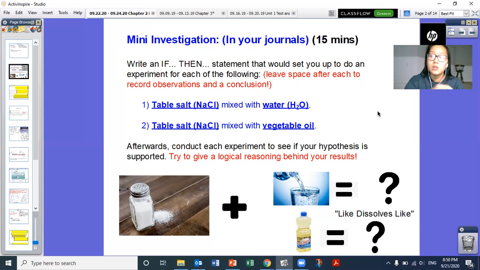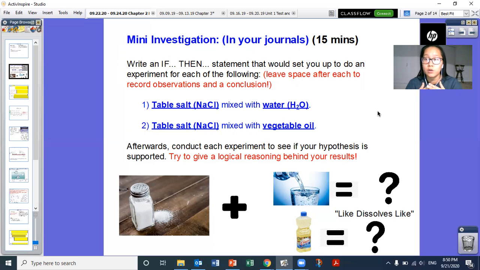And then things that don't have charges tend to break apart things that don't have charges, right? So vegetable oil would be better at breaking down a non-polar solid than it is at breaking down something that's ionic or polar, right? Because like dissolves like. You can already kind of tell that when you try to mix water and oil together, right? They don't mix because they don't associate with each other, right?